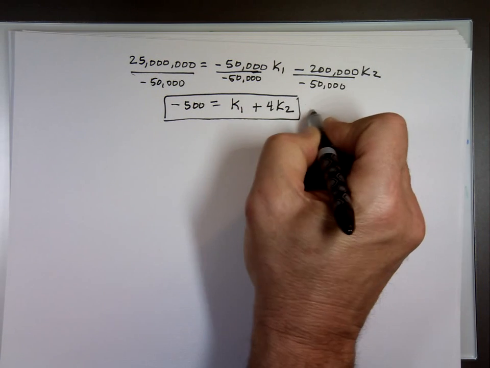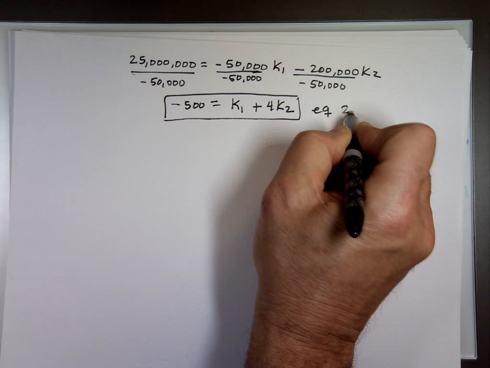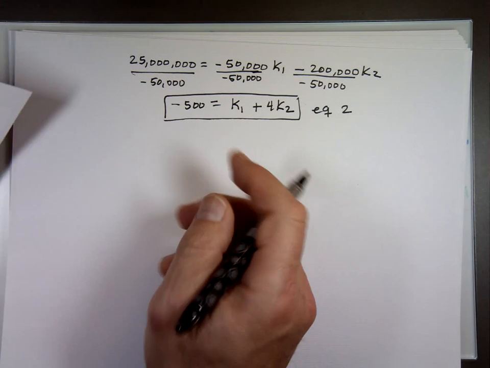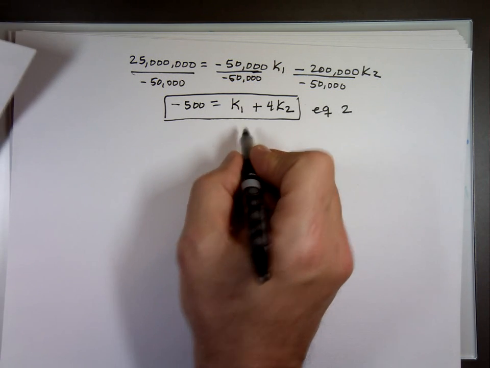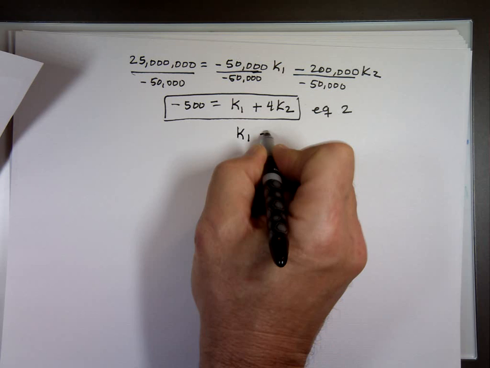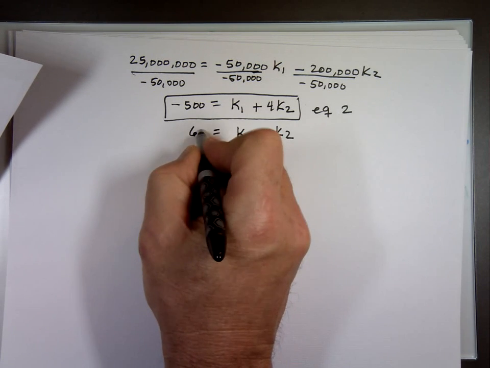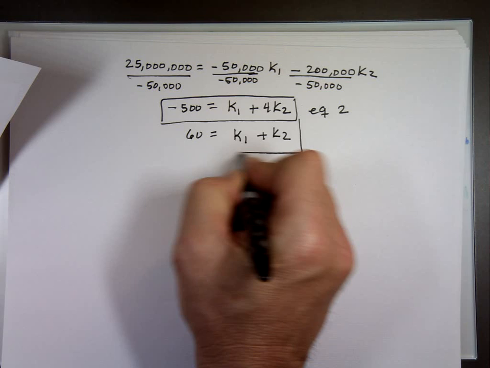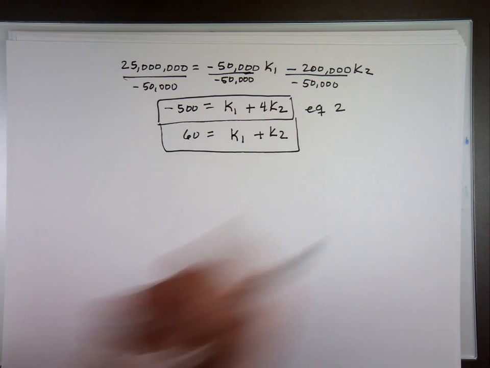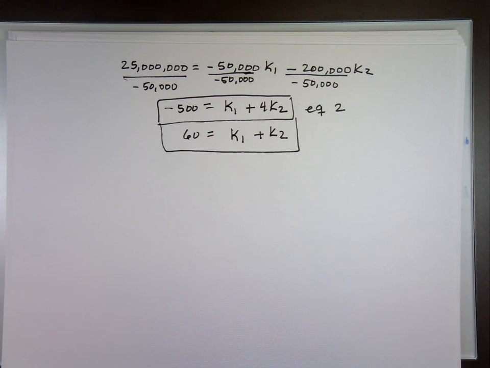EQ2. My first equation: K1 plus K2 equals 60. Now let's solve them. Two equations by two unknowns. I can use the elimination method, which means multiply the bottom equation by negative 1.